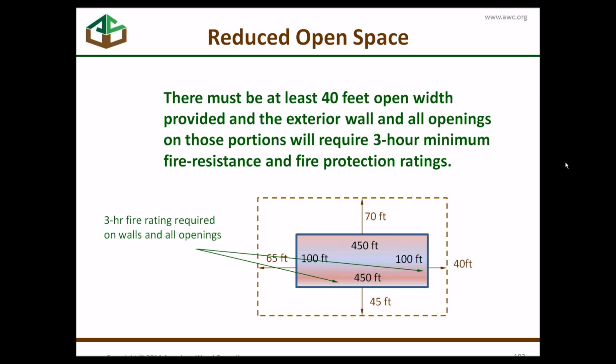If you want to know why I say that, go to the definition of fire separation distance in the building code, and you'll see that it says the distance measured from the building face to one of the following: lot line, center line of a public way, or the imaginary lot line. So very simply, you always measure at right angles from the exterior building wall.